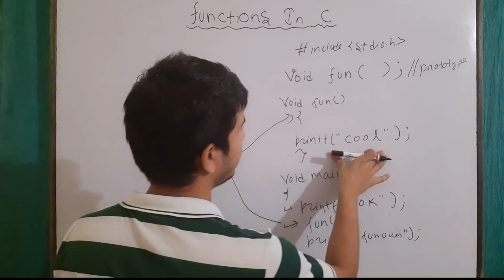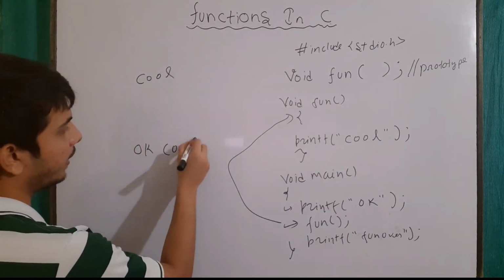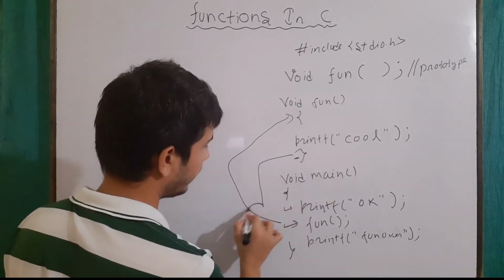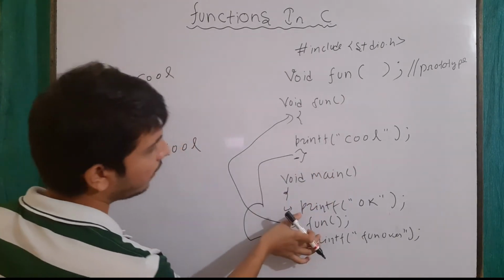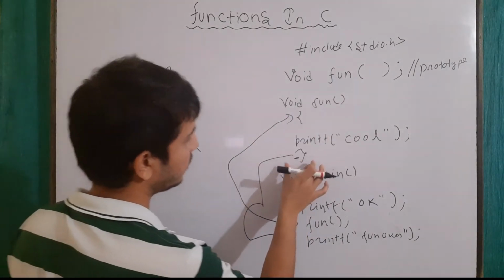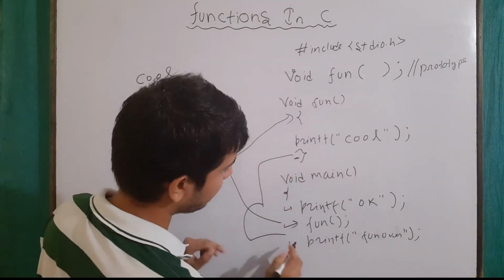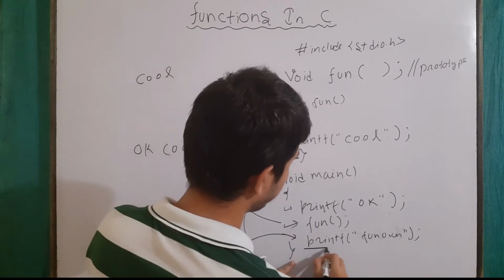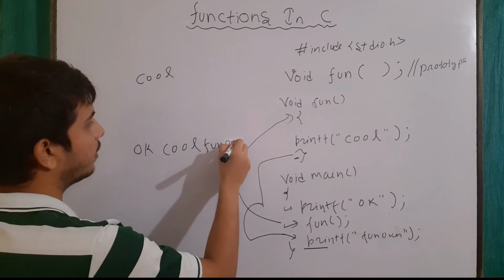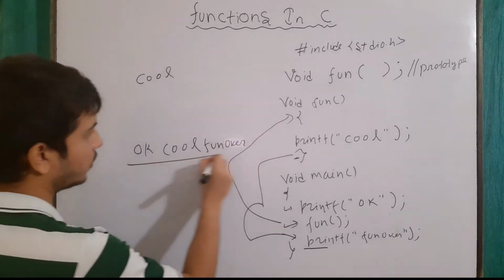Here it is written cool, so cool will be printed, and its own body is terminated here, so the control will go to the next line. Wherever it is called, after execution of this function, the control will go to the next line. So now the control is here, and it is written "fun over", so it will print fun over. This will be our output.